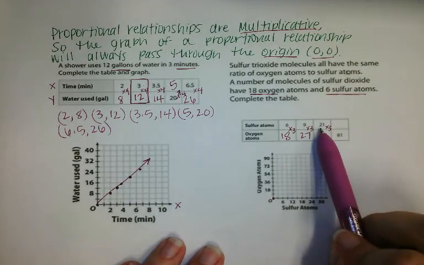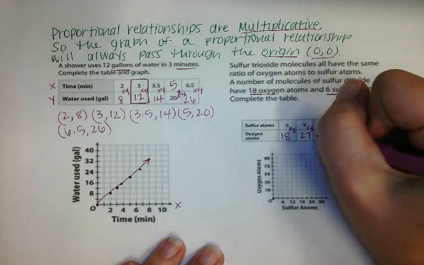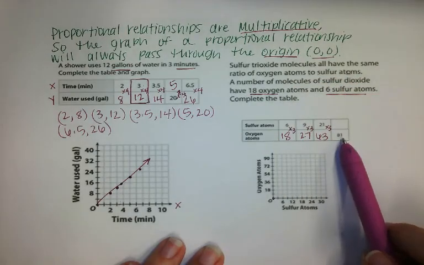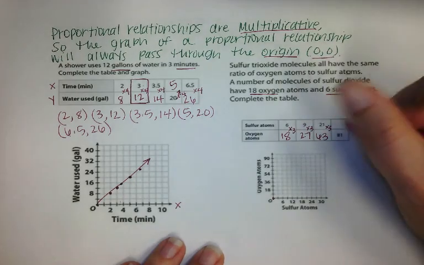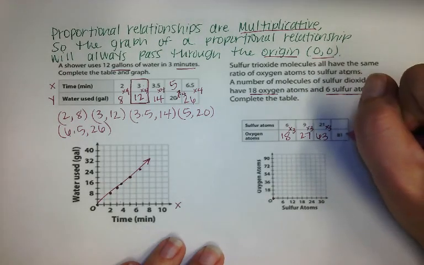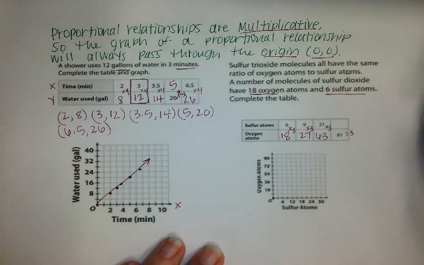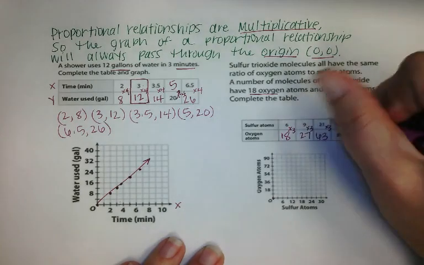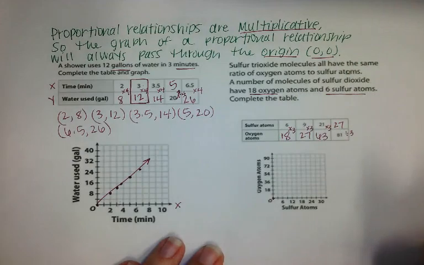When there are 21 sulfur atoms, there are 63 oxygen. And this time, since we're going from the bottom term up to the top term, we are going to do the inverse of multiplying, and we're going to divide by 3. So when there are 81 oxygen atoms, there are 27 sulfur atoms.